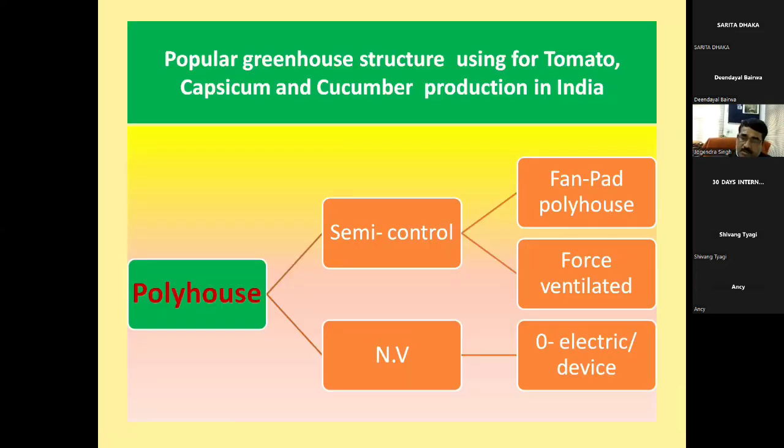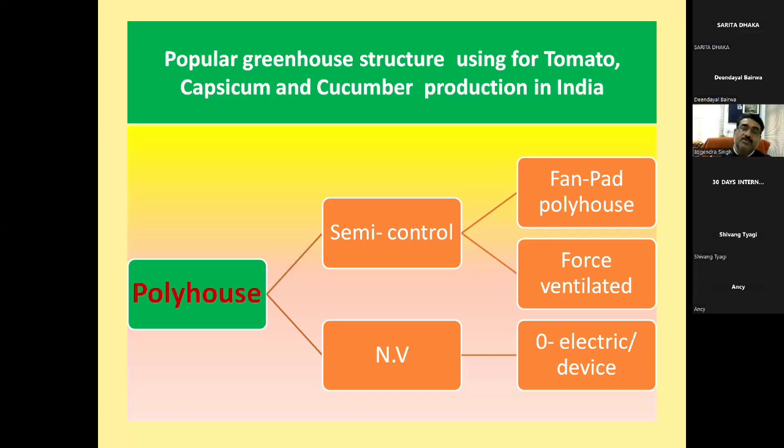And we have classified the polyhouse. Polyhouse is the main unit of protected cultivation, the main branch of protected cultivation. Protected cultivation has a lot of branches, but polyhouse is the main branch, main unit, main structure. So we can see here, polyhouse is divided into two groups, semi-controlled group or naturally ventilated group.